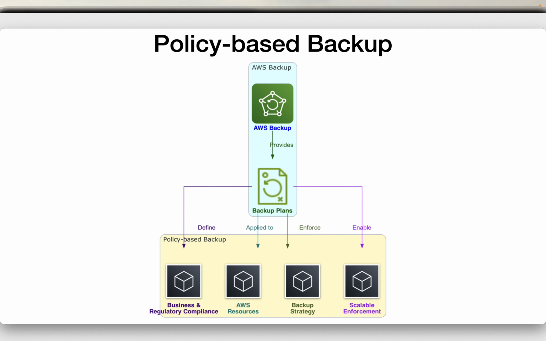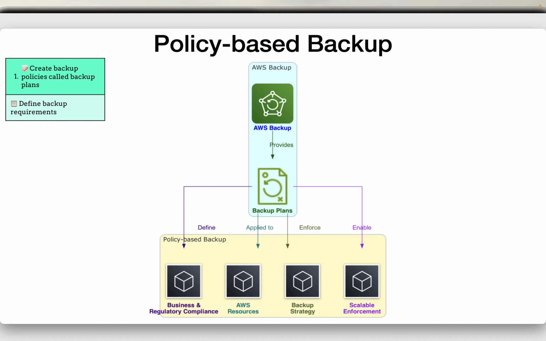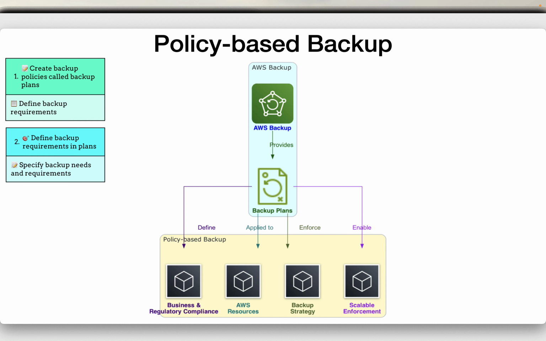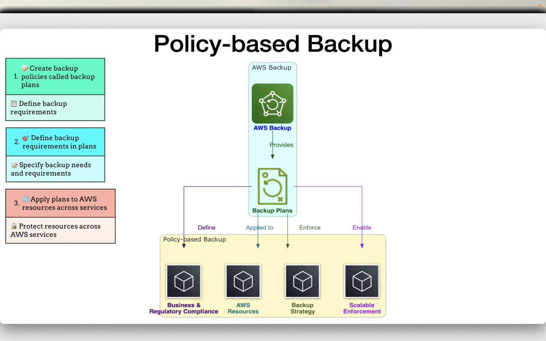Next is policy-based backup. With AWS Backup, you can create backup policies known as backup plans to define your backup requirements. Use these backup plans to specify your backup needs and requirements. You can then apply the backup plans to AWS resources you want to protect across the various AWS services you utilize.